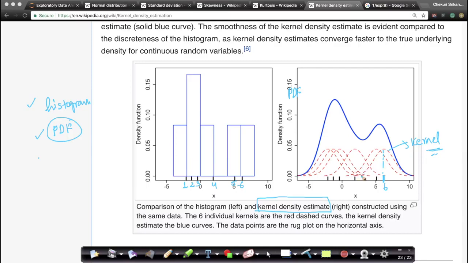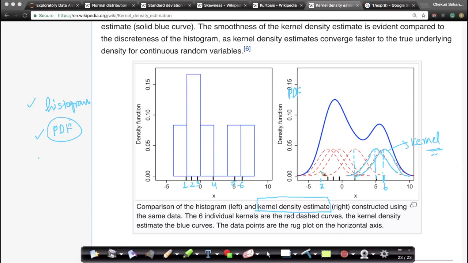What I've done here is plot a Gaussian kernel, the bell-shaped curve, centered on my sixth point. Similarly, for my fifth point, I've constructed a Gaussian kernel centered around my fifth point. I've done the same thing with my fourth point, and so on. Now, at any point x, I sum up the values.